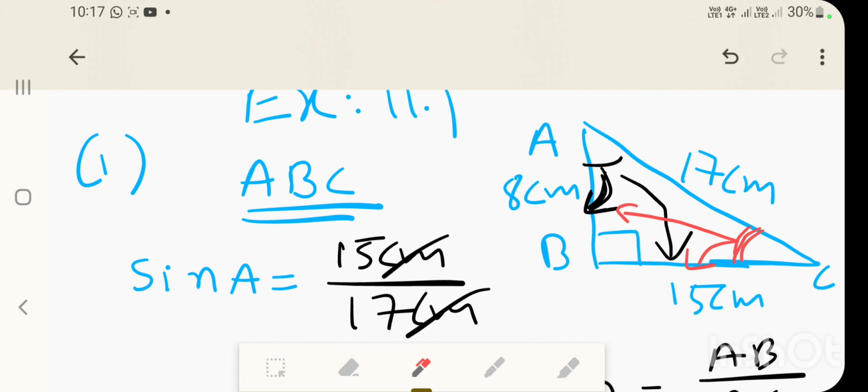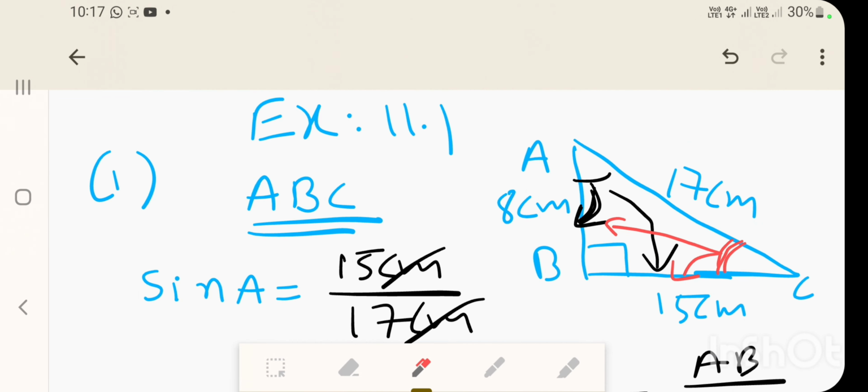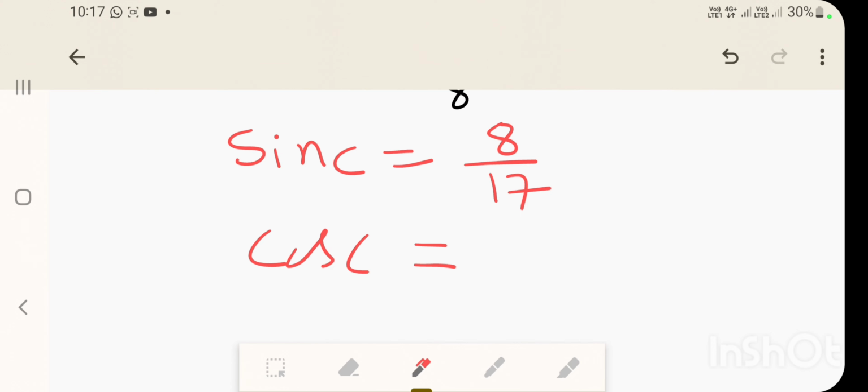So sin C is the opposite side length divided by the hypotenuse, that is 8 centimeters by 17. For finding cos C, we need the adjacent side length, that is BC for angle C, which is 15, divided by the hypotenuse, 17.